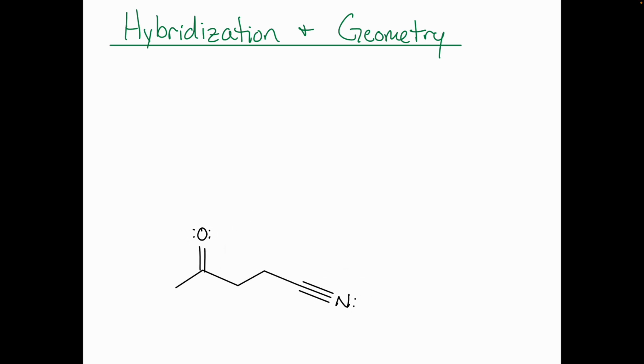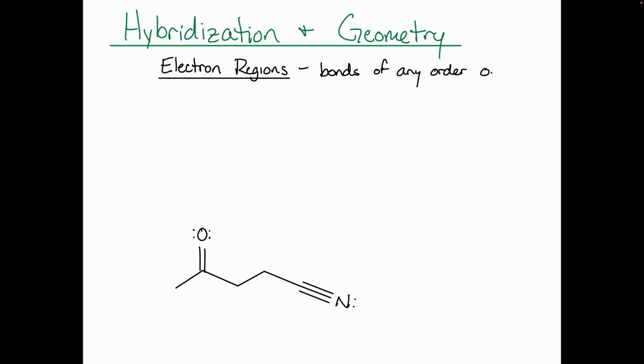I'm trying to make a point out of it. All right. So first thing we want to define here is this concept of electron regions. These are bonds of any order or lone pairs.